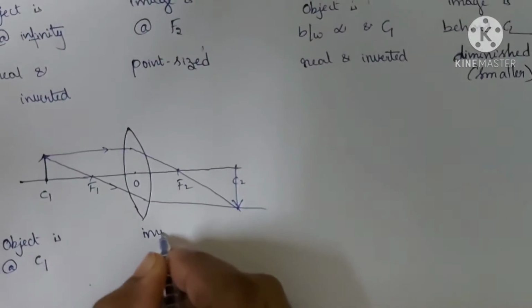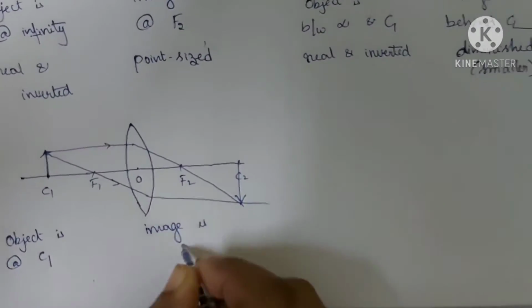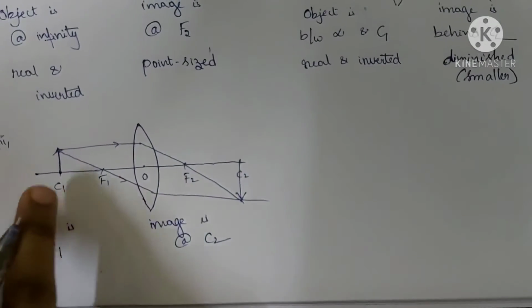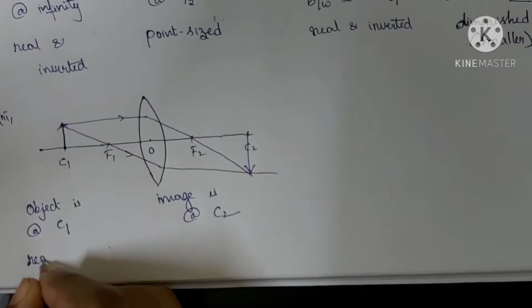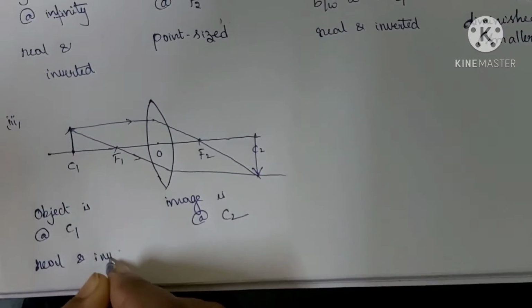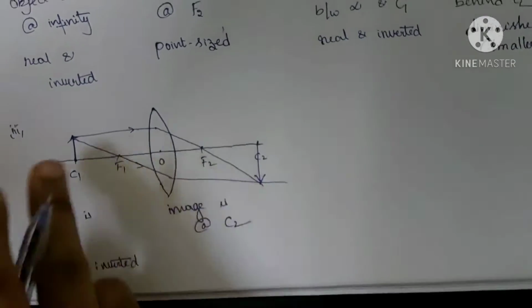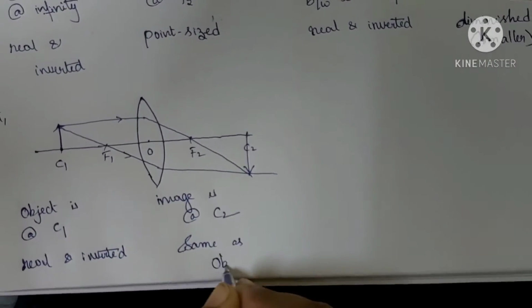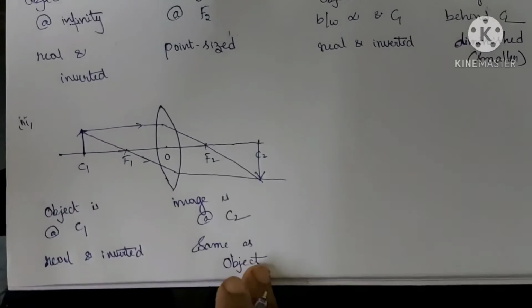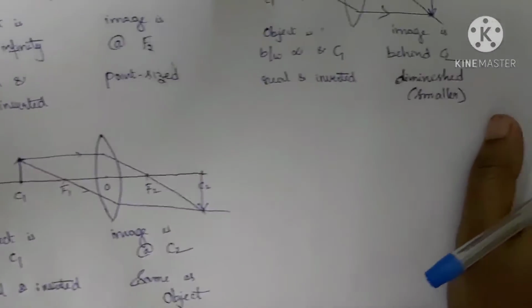Then the image is formed at C2. If I place the object at C1, the image will be formed at C2. Then what will be the nature? Again real and inverted. What will be the size? Same as the object. There will be no change in the size. Okay, and we'll see case 4.